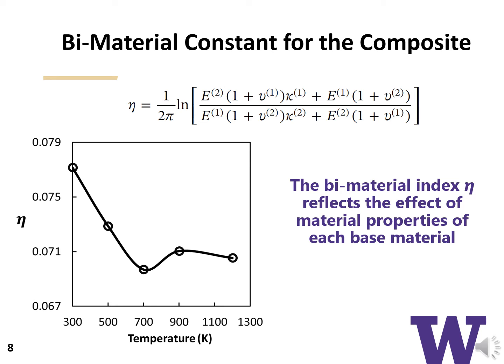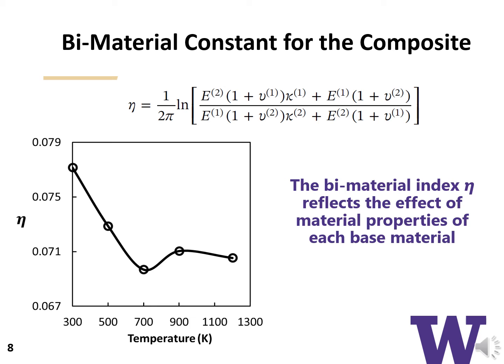We first calculate the bimaterial constant, where the equation is given here, which is an important parameter in interfacial fracture analysis relating material properties of each base material to the interfacial crack growth. Having known the effect of ambient temperature on elastic modulus and Poisson ratio of SiO2 and SiC, the bimaterial constant can be obtained as a function of temperature as shown in the figure.